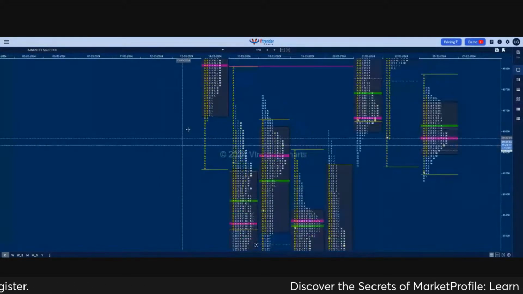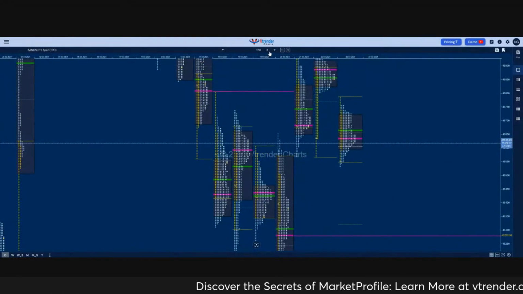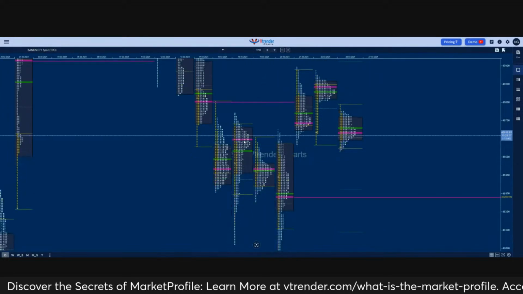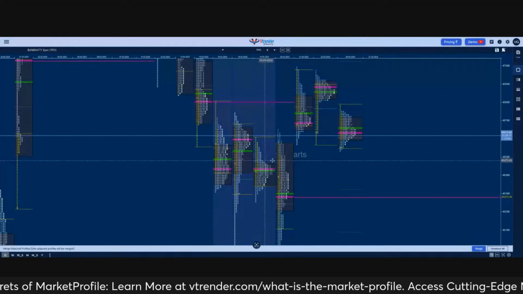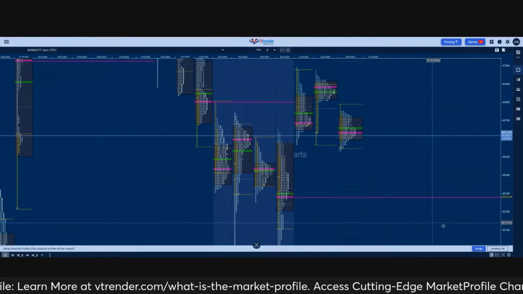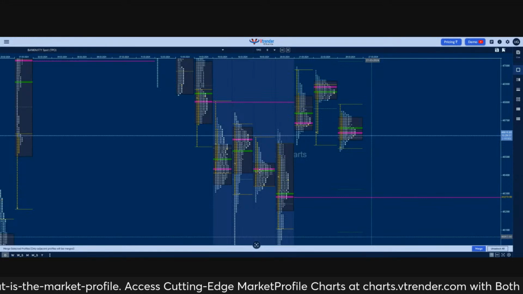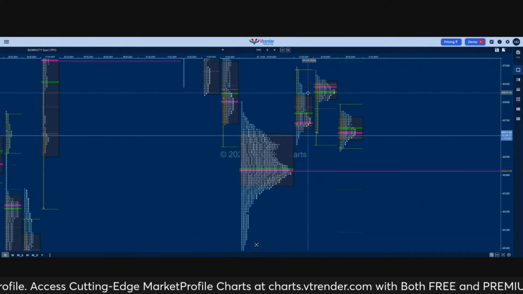So running through Bank Nifty quickly, I'm just increasing the TPO size so that we are able to view this. As I said, this 4-day balance from 15th to 20th in Bank Nifty is the composite which we are looking at on the downside for tomorrow's expiry session.